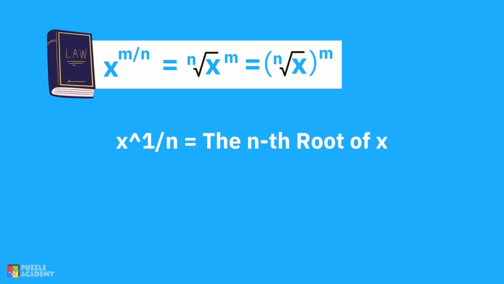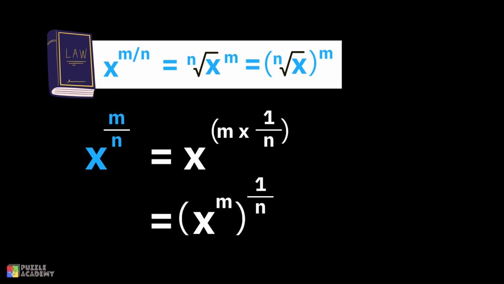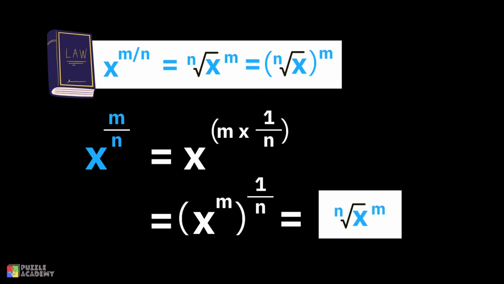Just remember from fractions that m over n is equal to m times the quantity 1 over n. For example, x raised to m over n is equal to x raised to m times 1 over n. Also, it can be written as x raised to m, raised to 1 over n, and that is equal to the nth root of x raised to m.